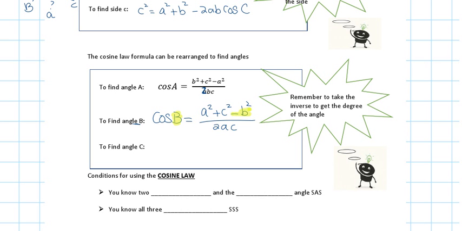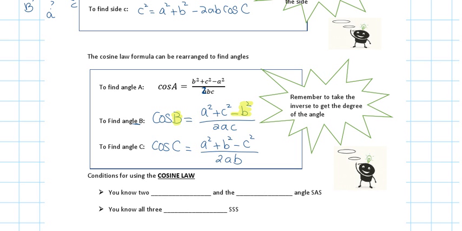So if this is angle B, then I'm going to subtract B squared, and the other two are A and C, okay? And then cos C.